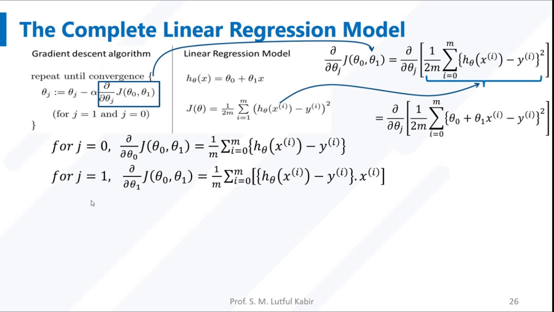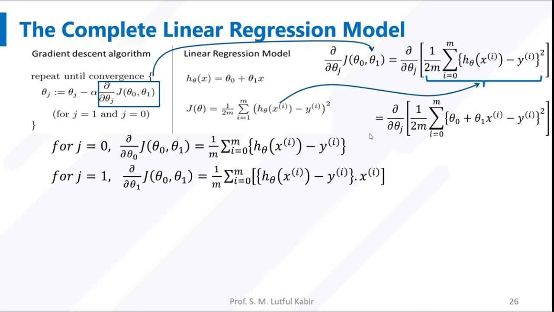But in the case of j equal to 1, when you are taking the derivative with respect to theta 1, you do the same thing: the 2 in the power will come in front, so 1 over m, but now since you are taking the derivative with respect to theta 1, the term x i will appear as a multiplication term.